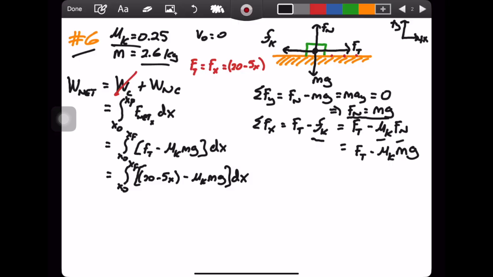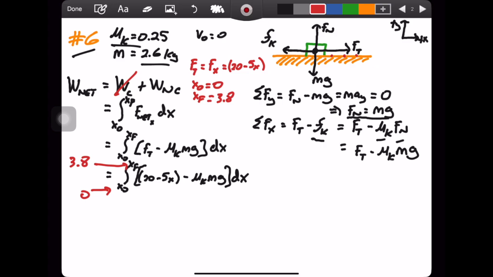We are also told that our x initial and our x final have a difference of 3.8 meters, because we're asked what's the block's speed when it's been pulled to x equals 3.8 meters. So we'll go ahead and let the initial x be 0, and we'll let x final equal 3.8. So this x initial is 0, and this x final is 3.8.